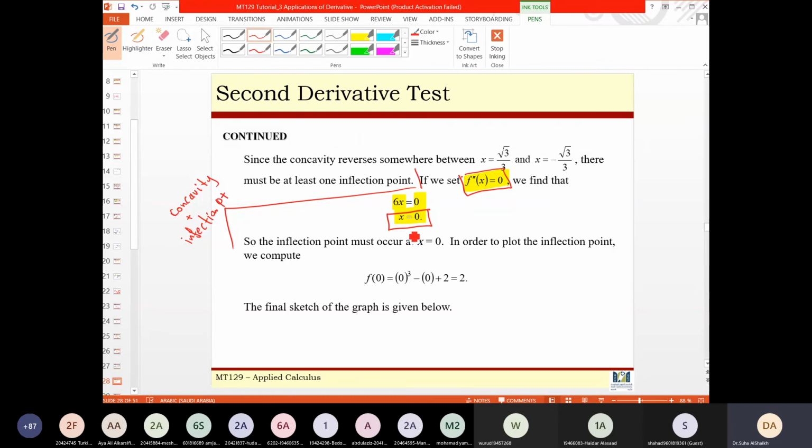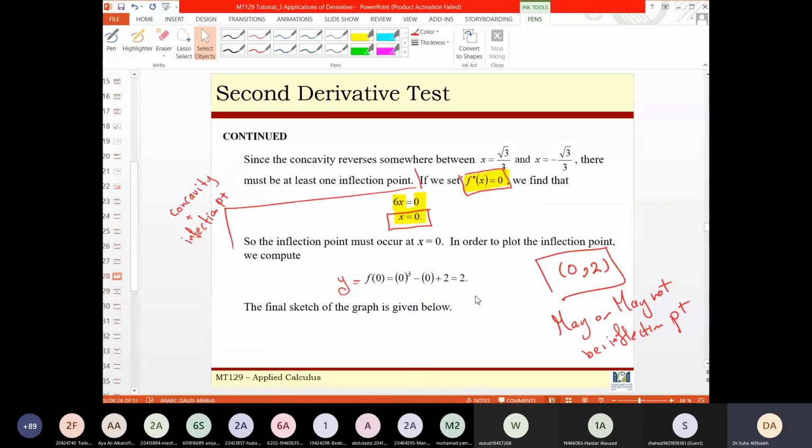The y of this point is f at 0, which is equal to 2. So my point is 0 and 2. This may or may not be an inflection point. Now, how can I be sure about this? We study the sign of f double dash.